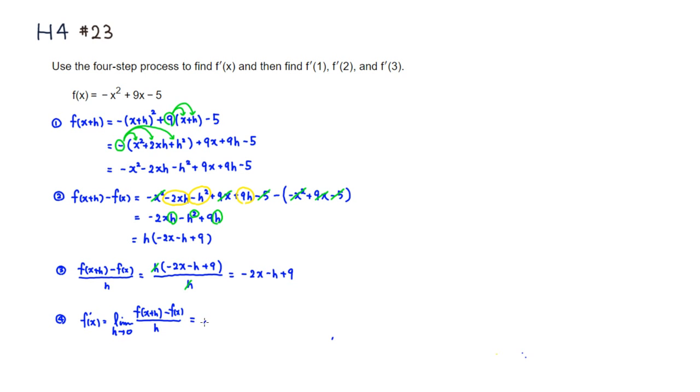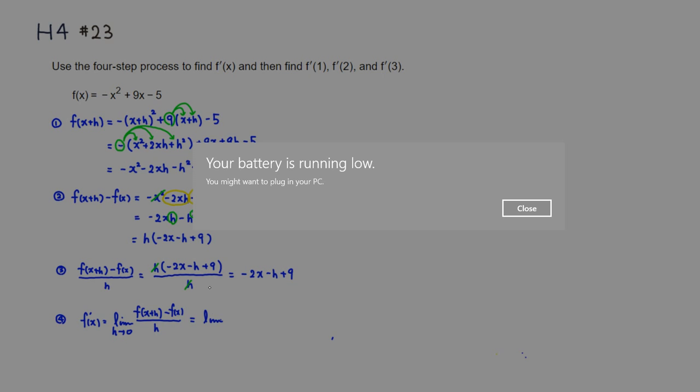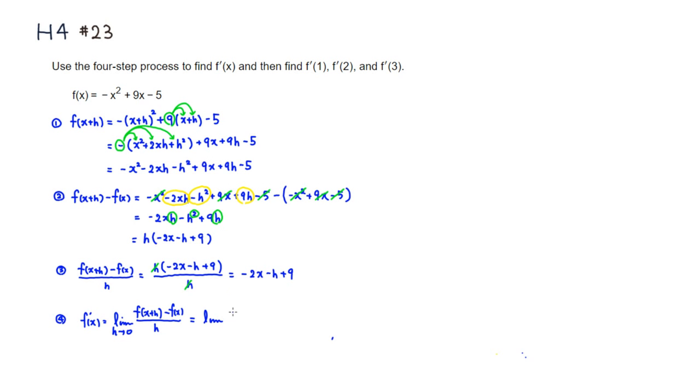So we just need to take the limit of negative 2x minus h plus 9 as h approaches 0. You can see that h is going to 0, so this term goes away. So this is going to be negative 2x plus 9.